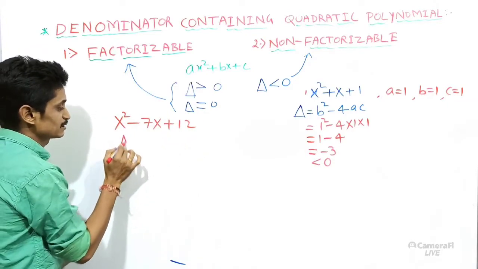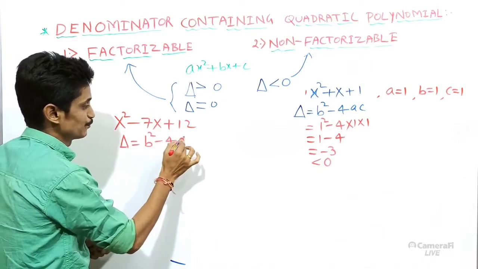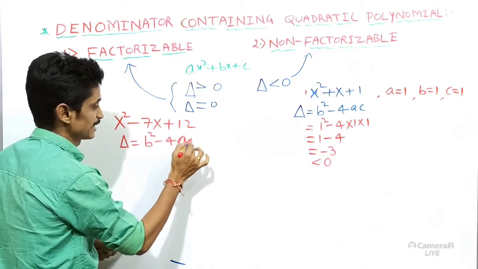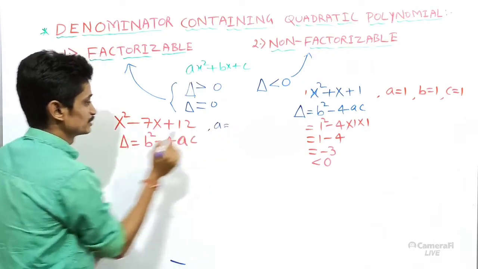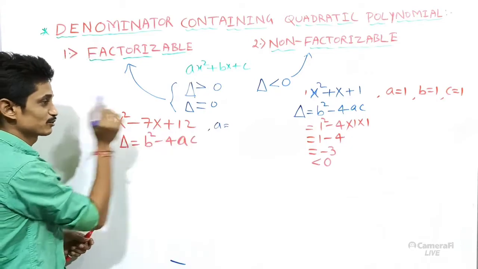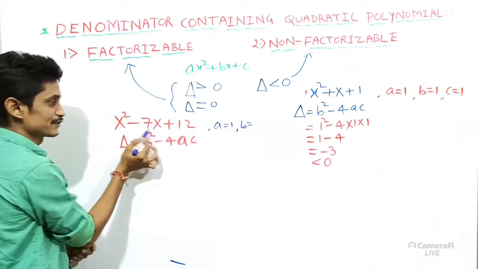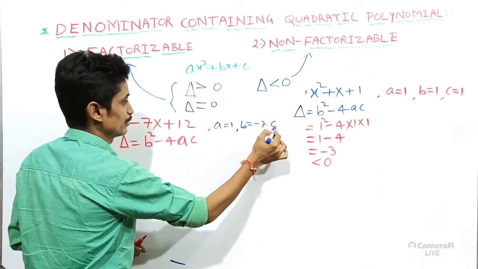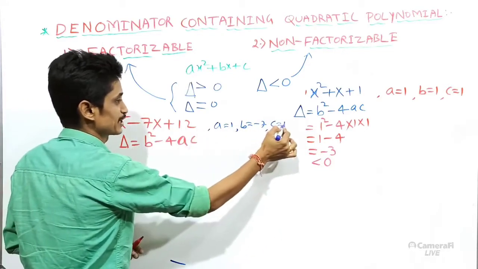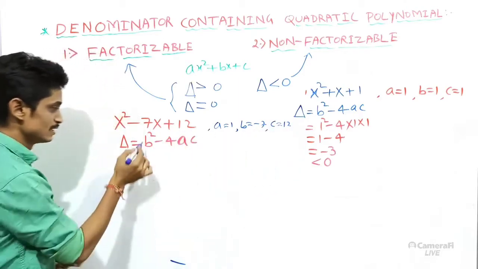Now the discriminant is equal to b square minus 4ac. Here my a value, the coefficient of x square, is 1, the b value, the coefficient of x, is minus 7, and the c value, that is the constant, is 12.